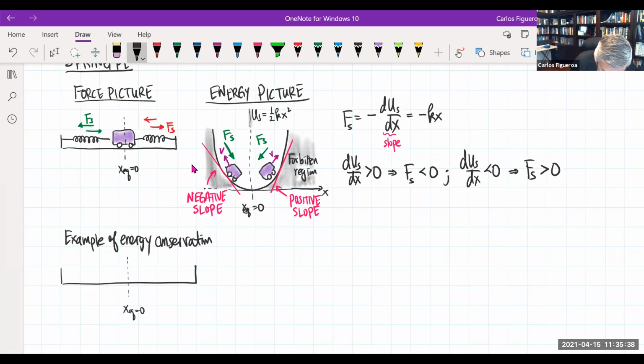I'm going to bring my cart all the way over to right here, and I'm going to start this at rest. At this point, you could see that this spring is very tight, and on the other side it is a very loose spring. So in other words, I'm saying that this guy right here is a turning point.